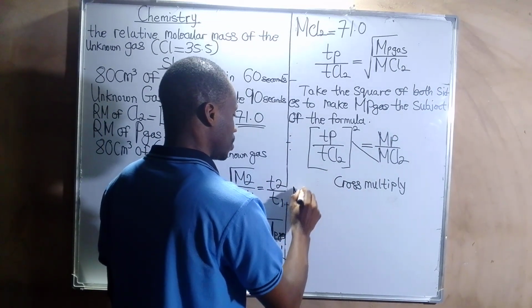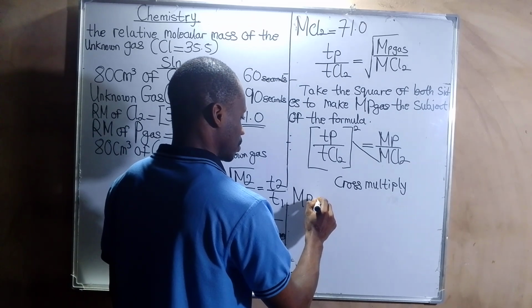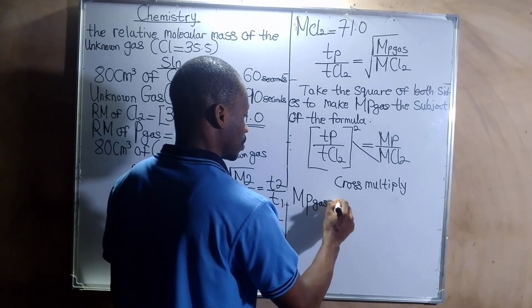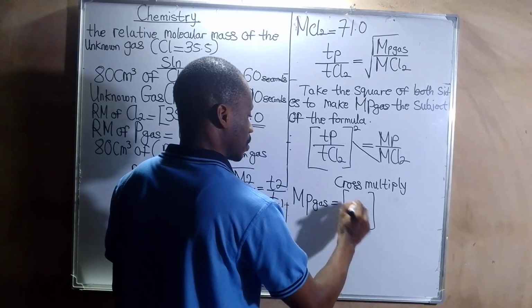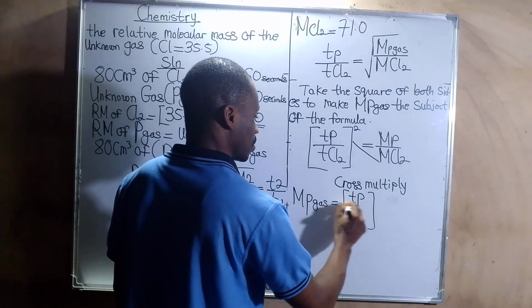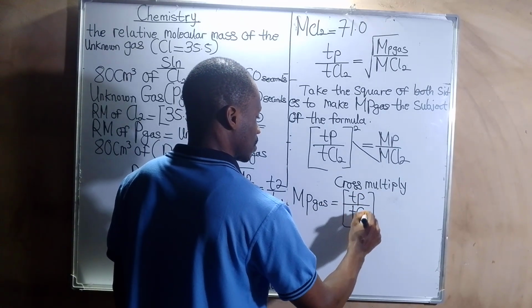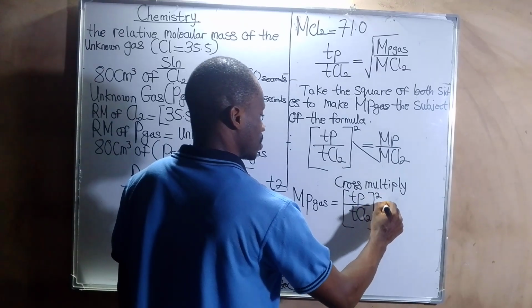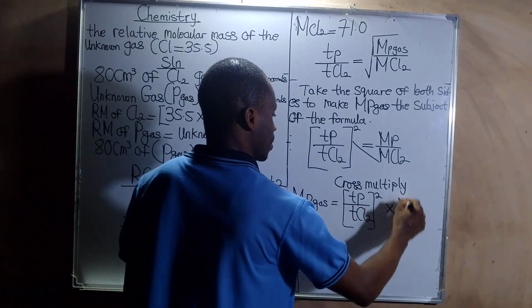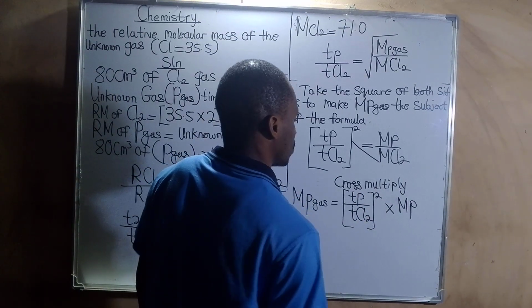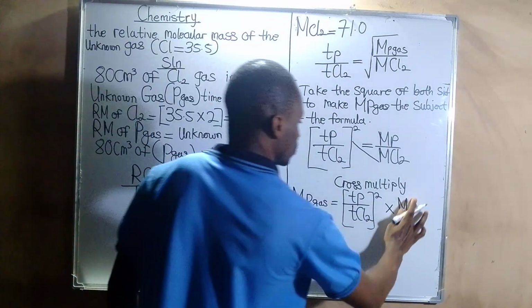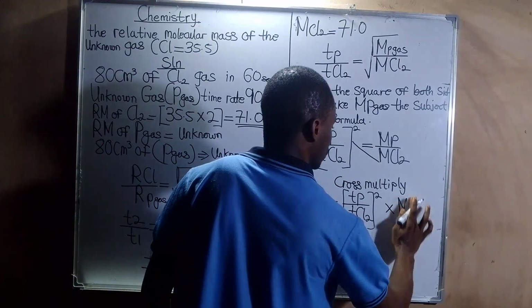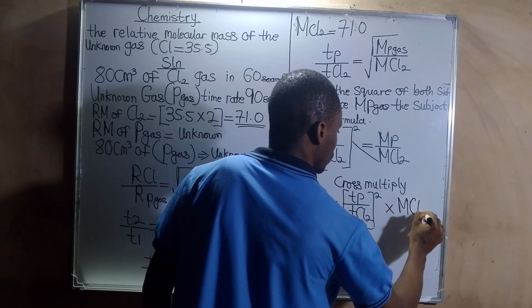So MP is equal to TP over T of Cl2, squared, times the mass of chlorine.